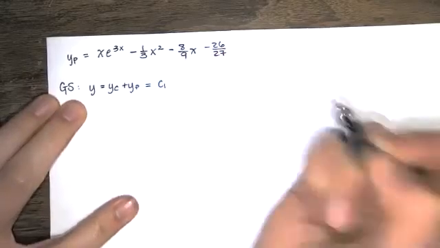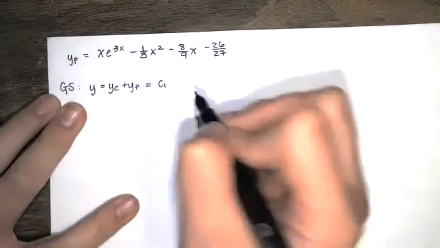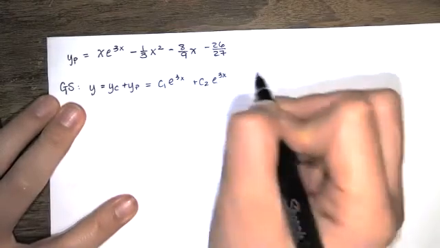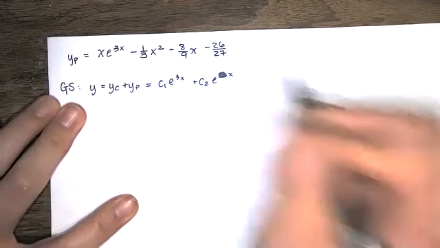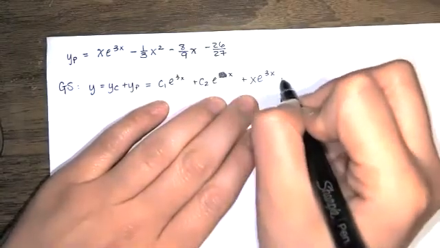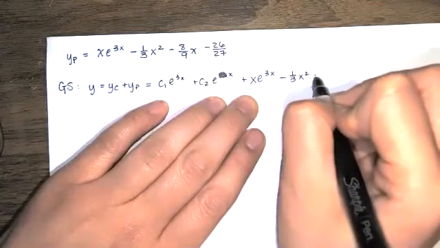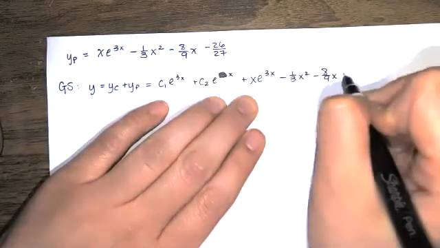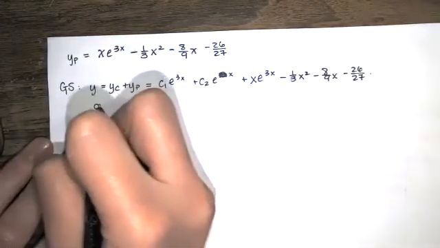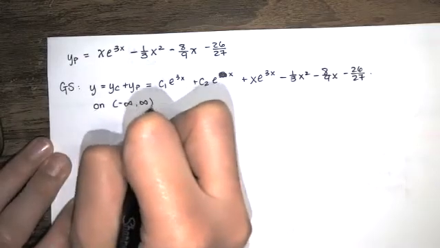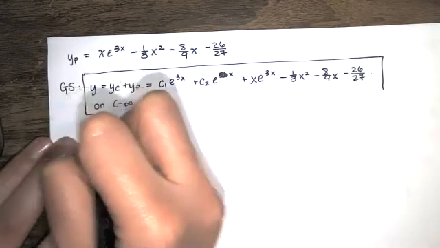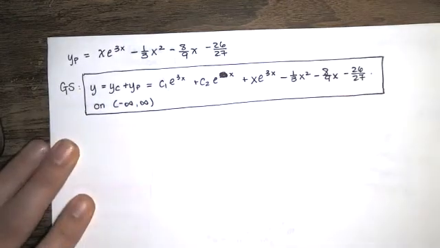So you take your y sub c, which was c1y1 plus c2y2, and then you add y sub p, which was x e to the 3x minus 1/3 x squared minus 8/9 times x minus 26/27. And this works for all real numbers. I'll probably do another example of this in another video, but that is your first example.